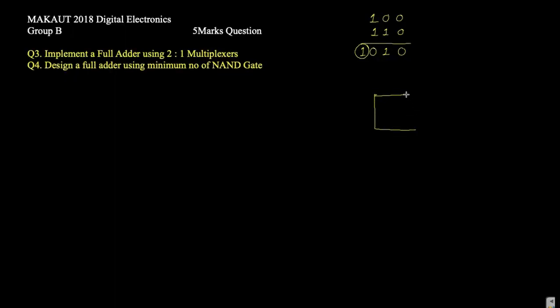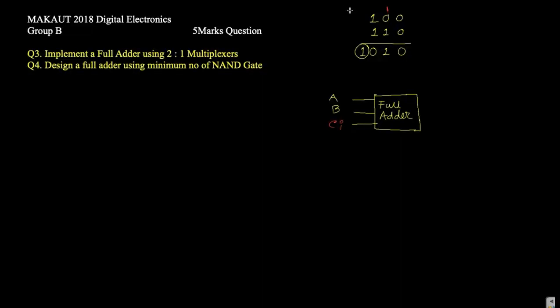So this is your full adder circuit. Now the input is A, B and Ci. This is A, this is B, and this is nothing but the Ci, the carry input, because if in this place there is a 1, then this 1 plus 1 becomes 0 and 1 is carry, then 1 plus 1 is 0 and 1 carry.